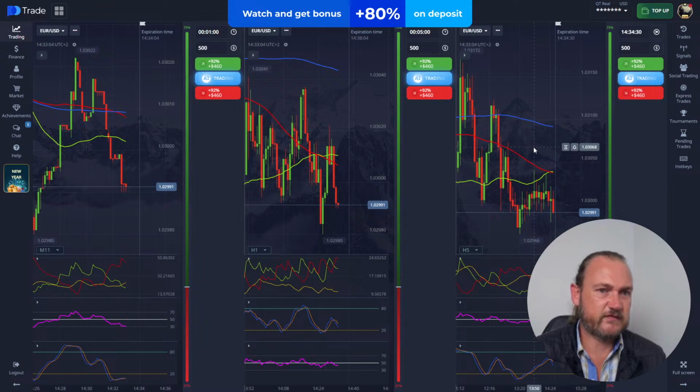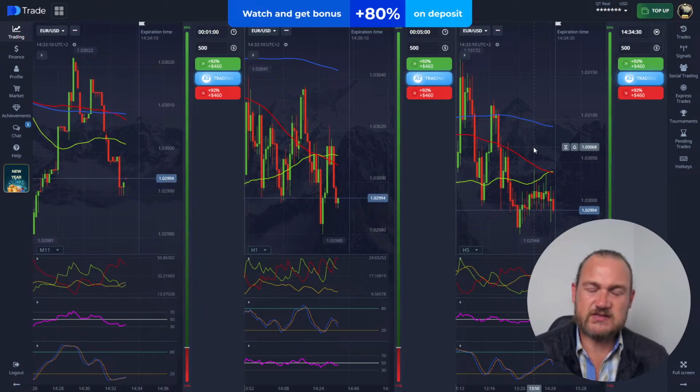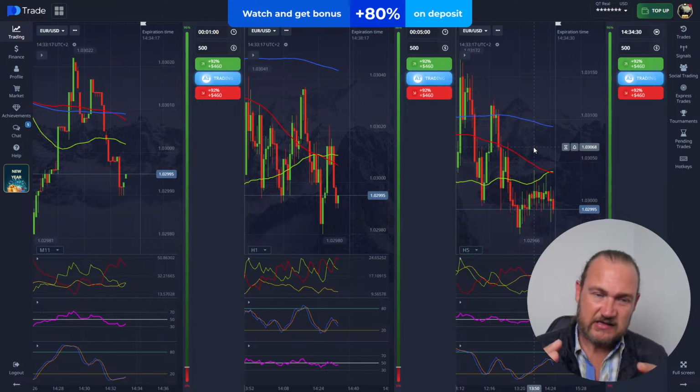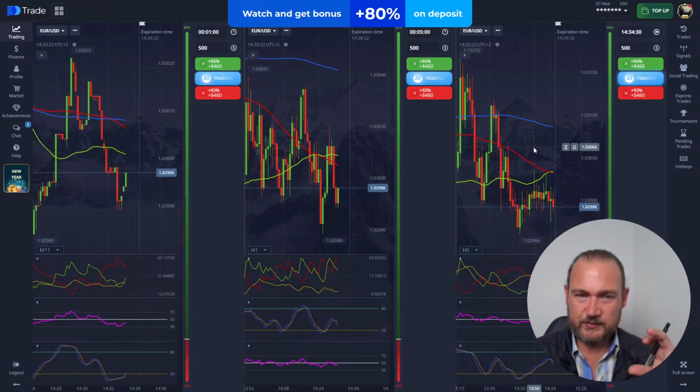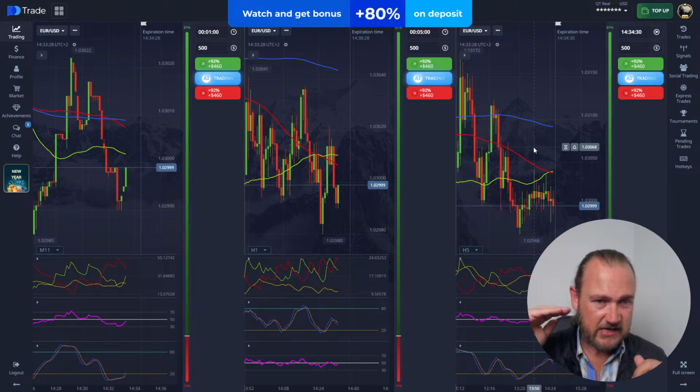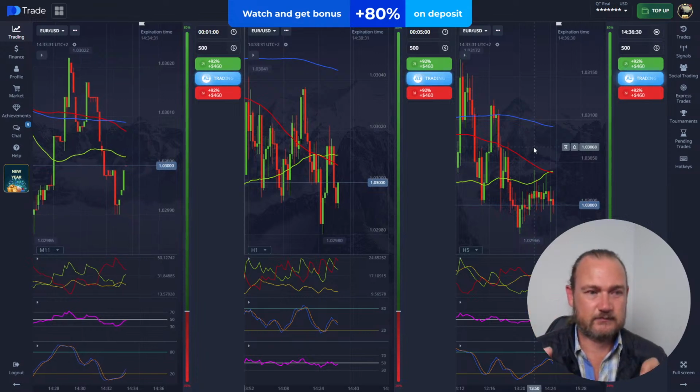It's crucial that you have an idea of what's happening on the higher time frames, because it changes so quickly, and there's a lot of distortion between the time frames. 1 minute might look super bullish at this point in time, but if you look at the 5 minute, it's clearly a bearish trend. So the changes are fairly big between the time frames.